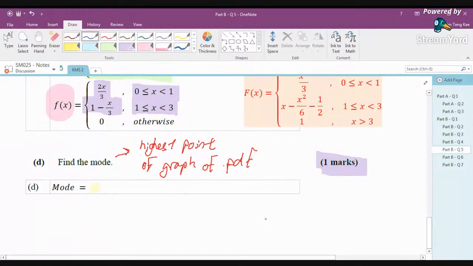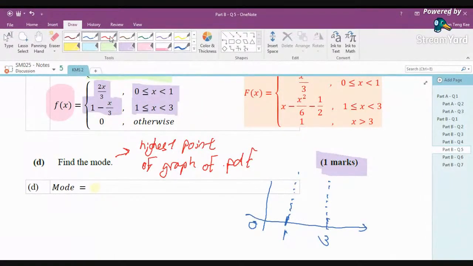So if I try to sketch a graph, this graph I sketch roughly, from 0 to 1, 1 to 3. This is a rough graph. It is not the actual graph, just roughly to know how to get the answer. So from here, we know we have 2x over 3 from 0 to 1. That means if I sketch this graph, it is a straight line graph where we notice that the coefficient of x is a positive value.